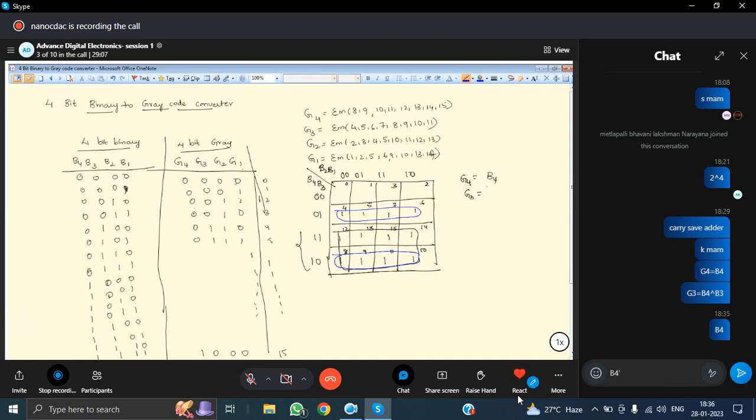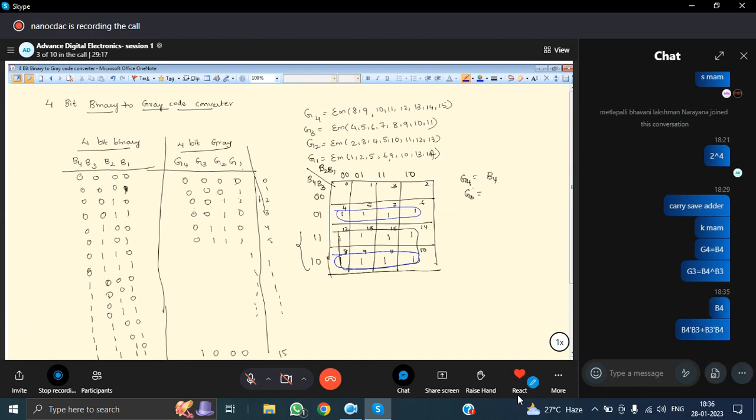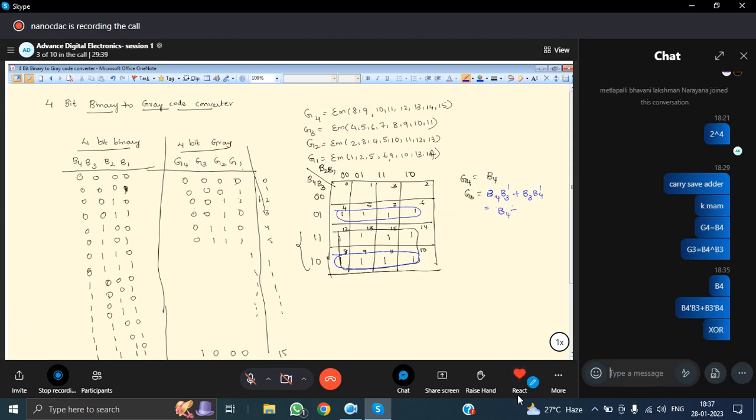What is G3? Can you tell me the equation for G3? G3 is equal to B4 B3 bar plus B3 B4 bar. How can I write it now? B4 XOR B3. Very good. Okay.